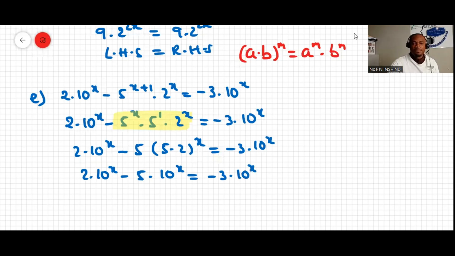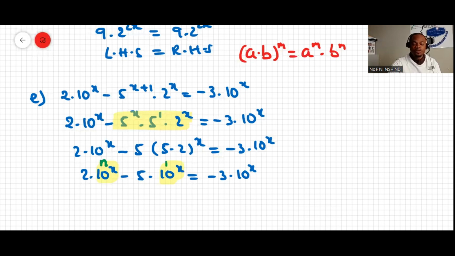And then we can factorize, we can take 10 to the x as a common factor. Think of 10 to the x here as just one variable, let's say y, or let's say variable n, for instance. Let's think of it as n.